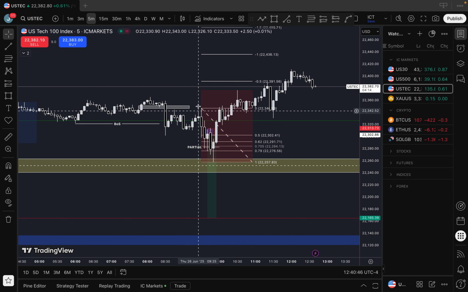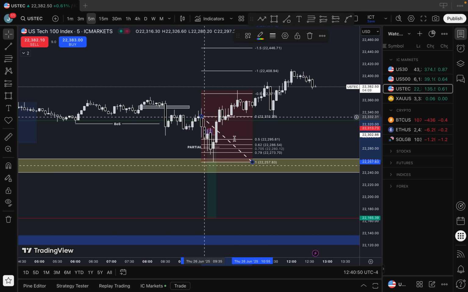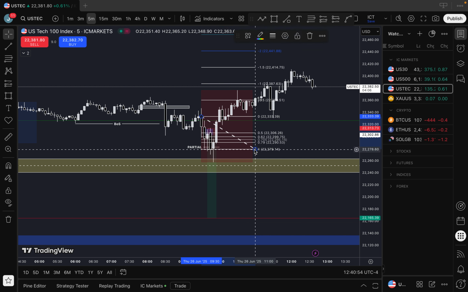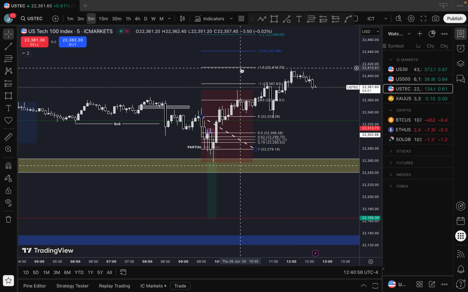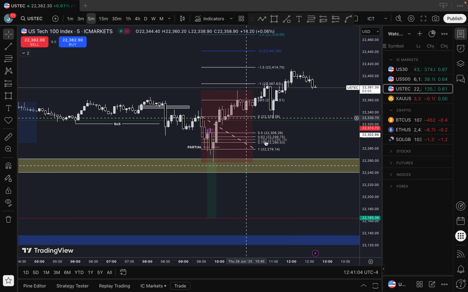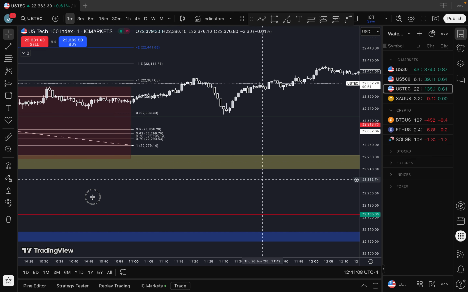So if you want it to be even a bit more accurate, you could probably bring it down to the bodies of the candles. Do you know what I mean? And then suddenly you've got 1.5 standard deviations almost tapped pretty much there, but one standard deviation would have been pretty clean.